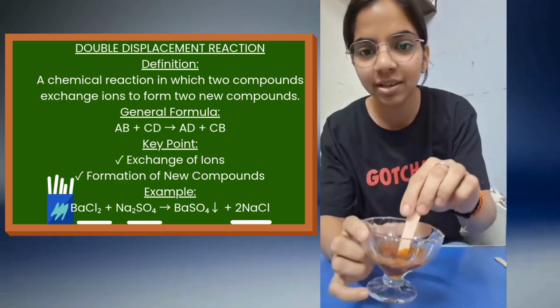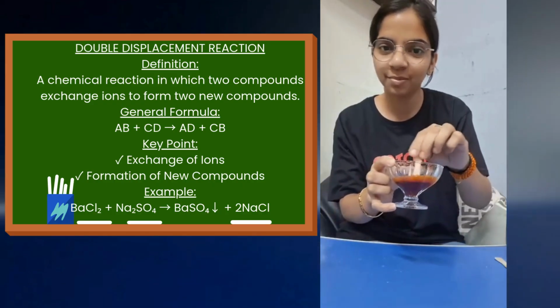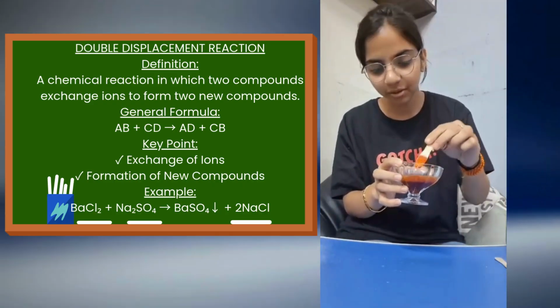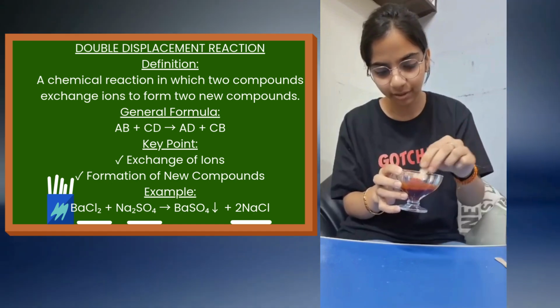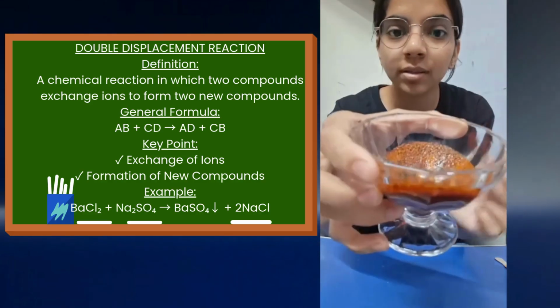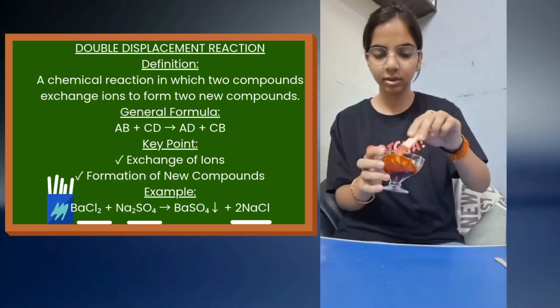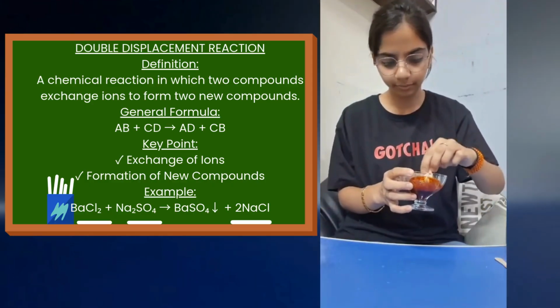And you will see its color is changed from yellow to red. Totally its color is changed. You can see it by yourself, right? A red color solution is formed over here.